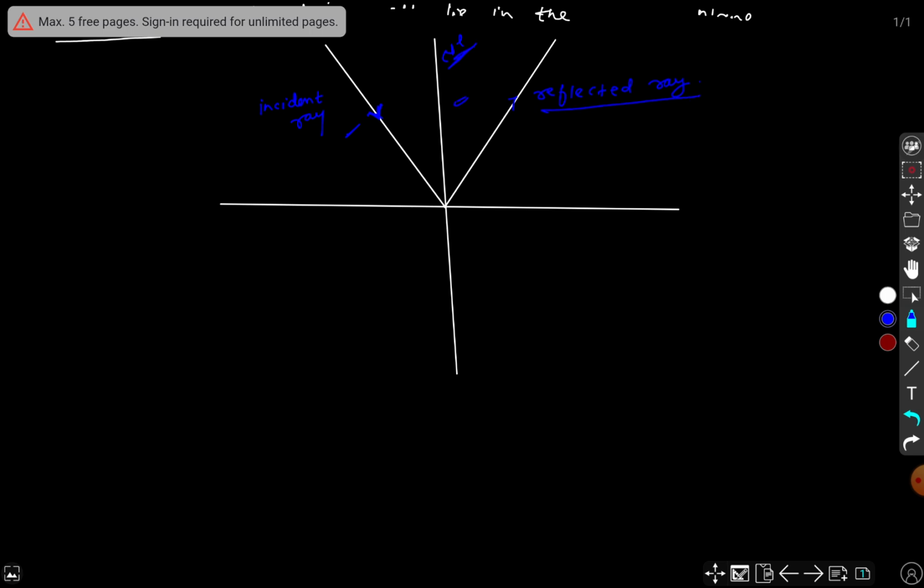Then the reflected ray will have to be in the same plane, that is this blackboard. It can't be emerging out of this blackboard or going down towards this blackboard. It has to be in the same plane. That is what the second law wants to state, that all three lines, the incident ray, the reflected ray and the normal, will be in the same plane whenever there is the phenomenon of reflection of light.